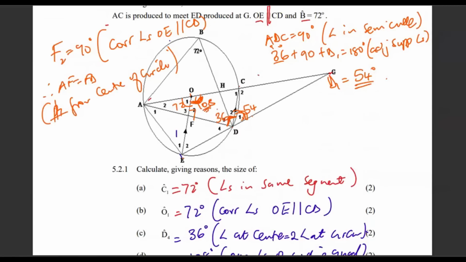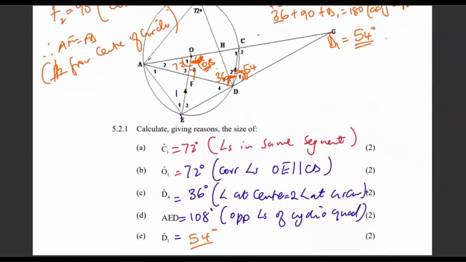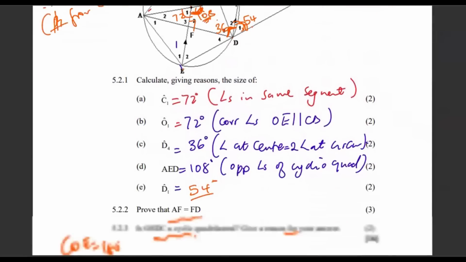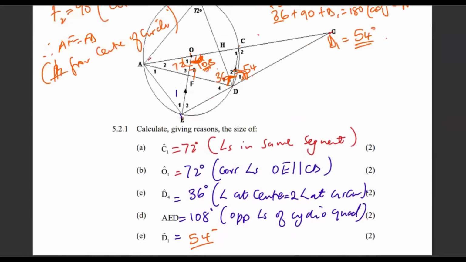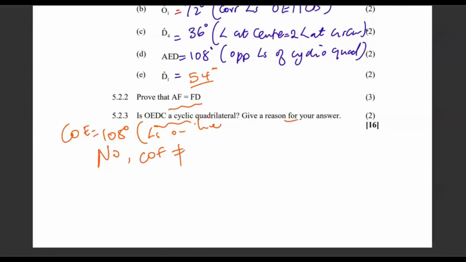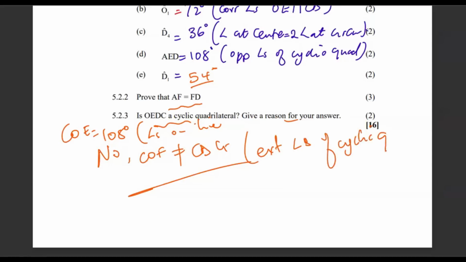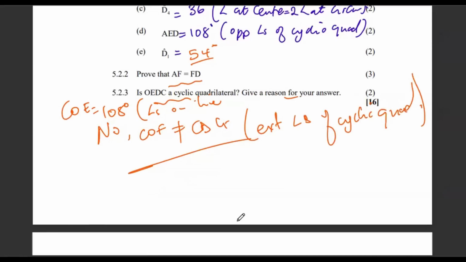This is 108, so it doesn't give you 180. Okay, it's a no, because COF is not the same as CDG. Okay, reason must be exterior angles of a cyclic quad. So that would have been also one approach to that question.